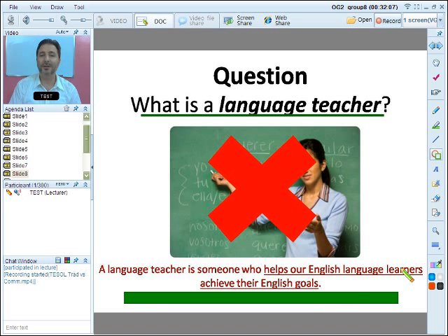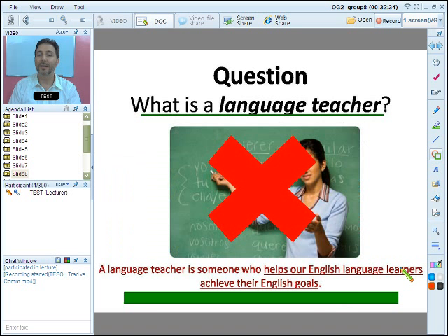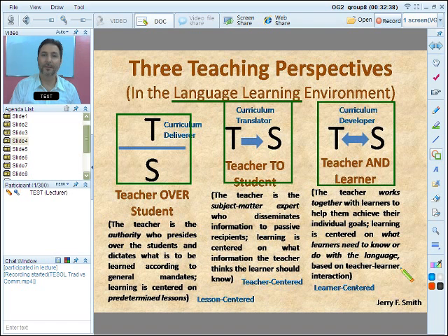A language teacher is someone who helps an English learner or a language learner. It's important we put that language in there because if we don't, it sounds like a subject. Helps our English language learners achieve their English goals. We don't know what the goals are. It could be any one of these or something different I haven't spoken of. Maybe something you've never even thought of. But our role is not to teach them what we think they need to know.